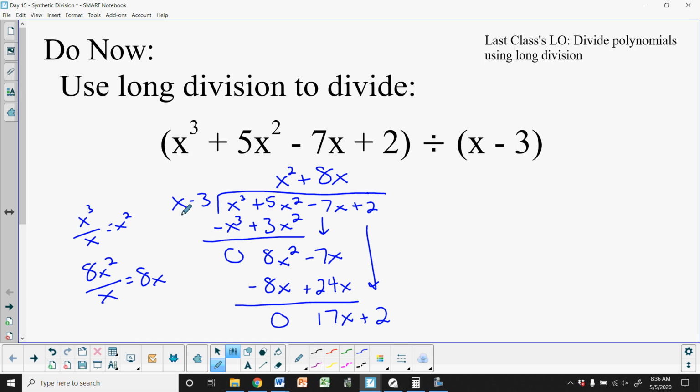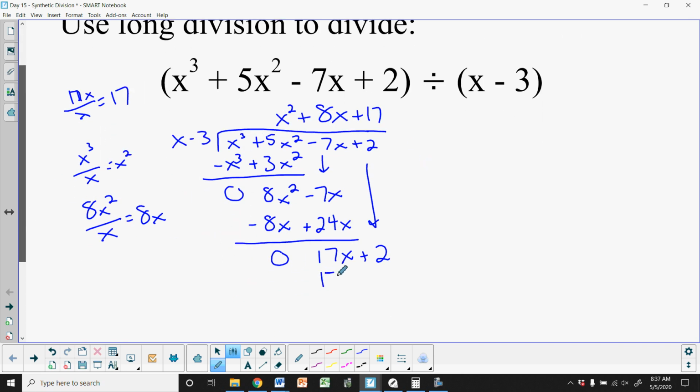And then now 17x divided by x is positive 17. That would look like this. 17 times x. 17 times negative 3.